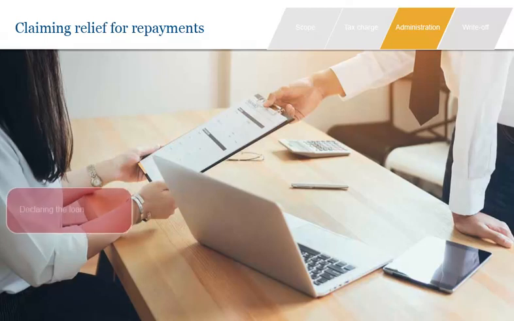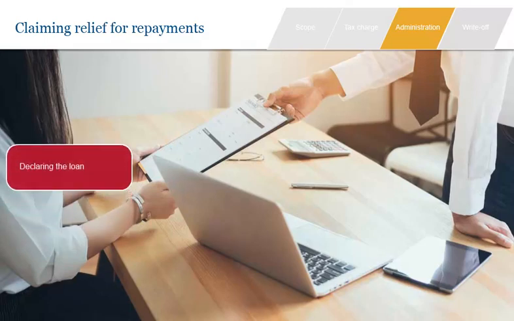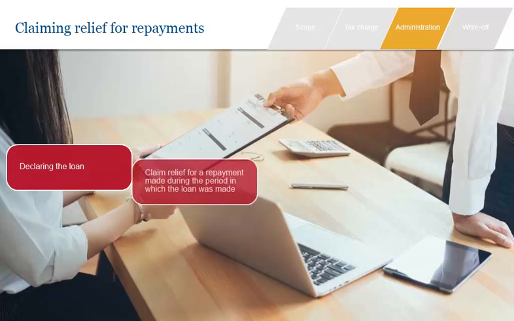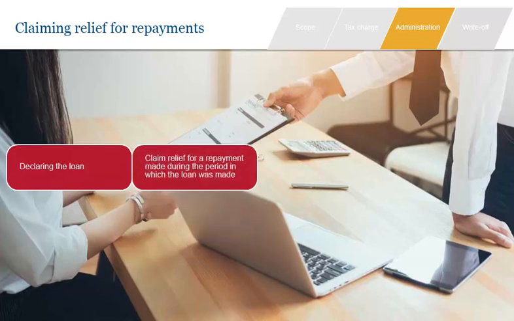A loan made during the period should be declared in supplementary pages CT 600A to the company's tax return. Where the repayment has been made before the end of the period, relief is given in calculating the chargeable amount and should be shown in the tax computations. You should complete box A5 of the supplementary pages CT 600A to indicate that a repayment has been made.